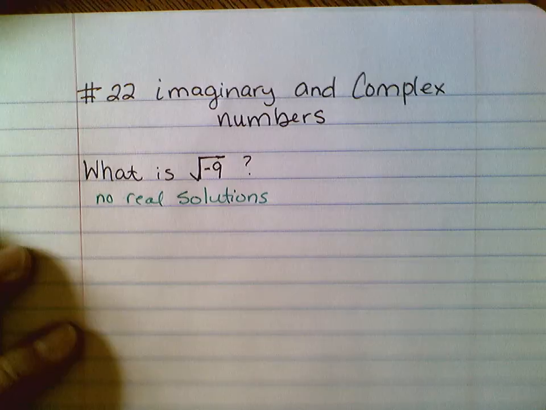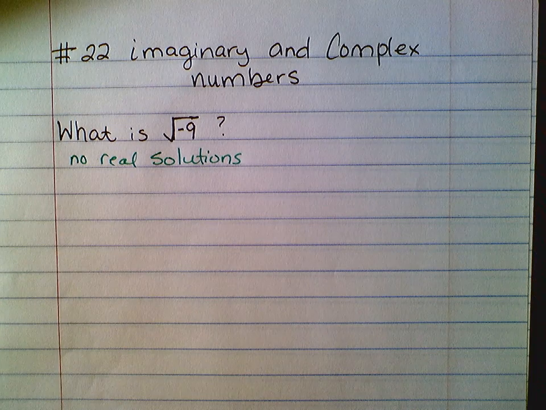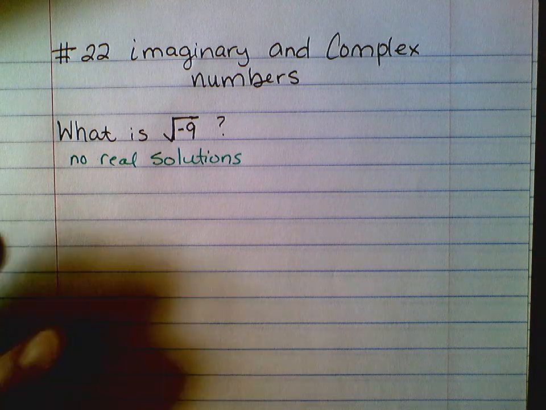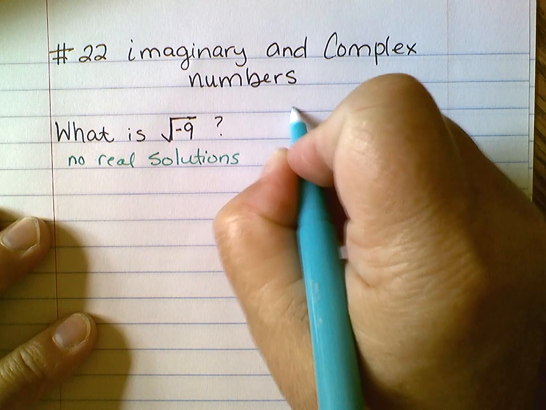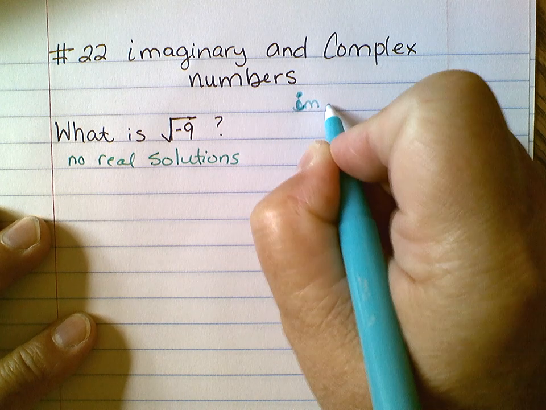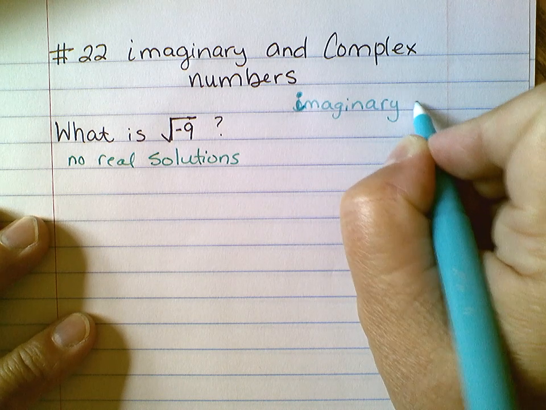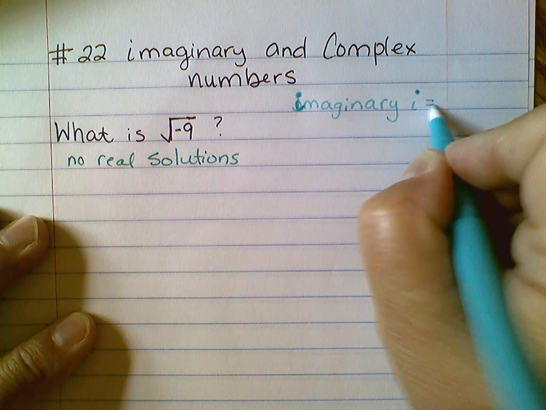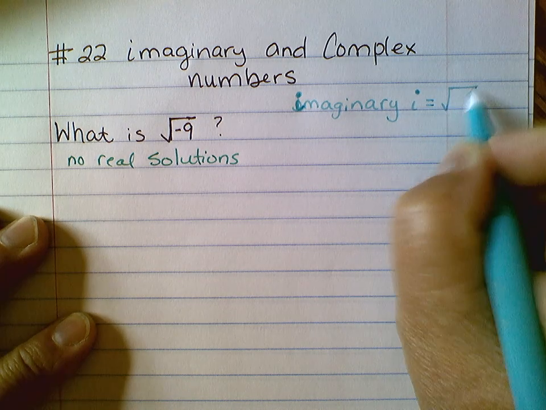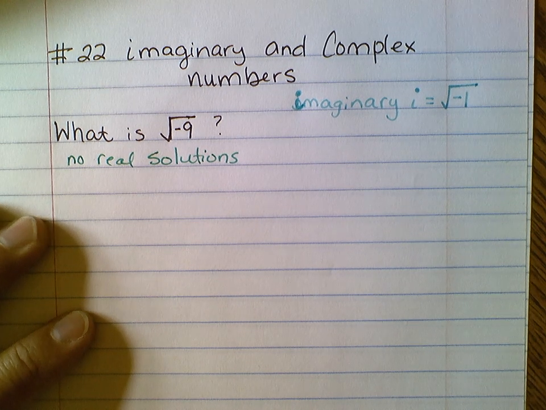And that is true. But now we know how to better answer this question because we're going to learn about the imaginary number i, which is equal to the square root of -1.